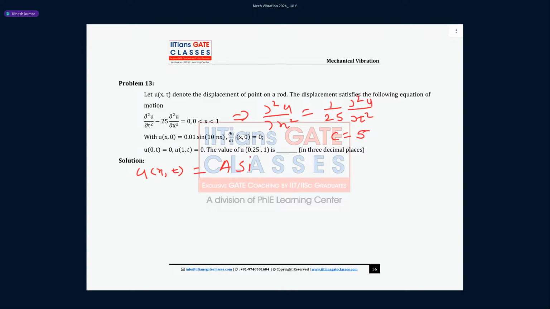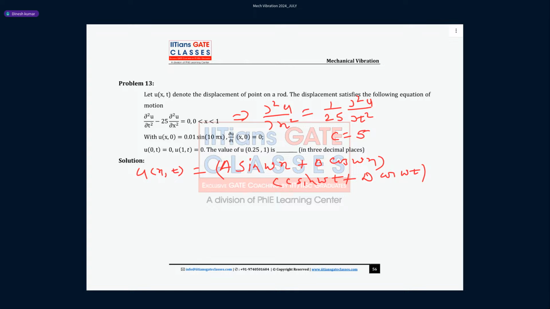So (A sin ωx + B cos ωx)(C sin ωt + D cos ωt). Am I correct? This is the general solution, yes or no, everybody?